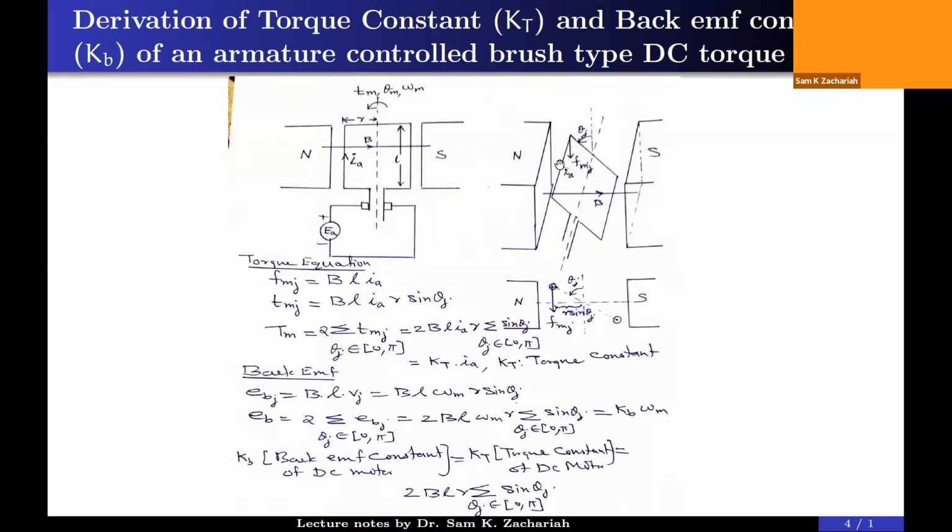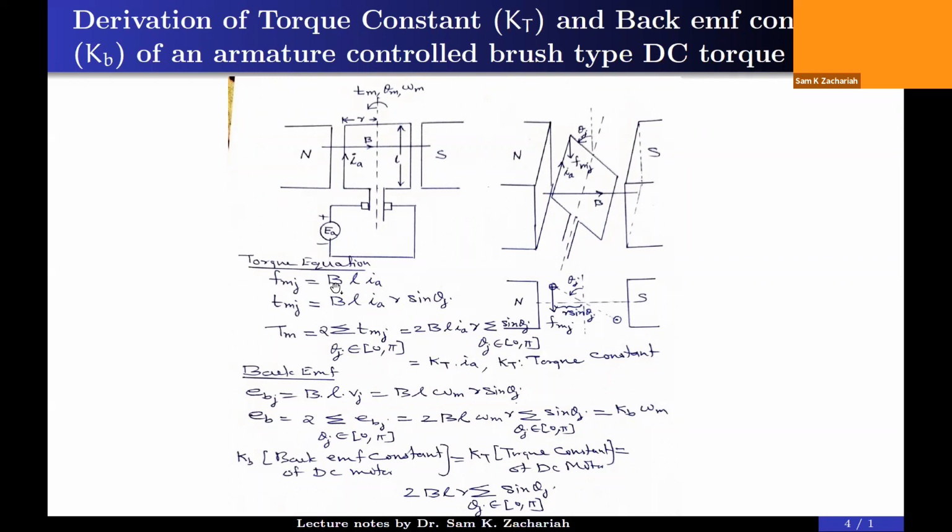Now this is the jth conductor, forming an angle of theta j with respect to this vertical axis. What is the effect of this? And what is the formula for FMJ? FMJ is B L IA.